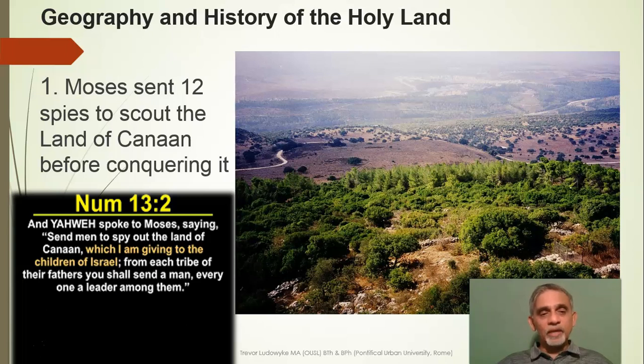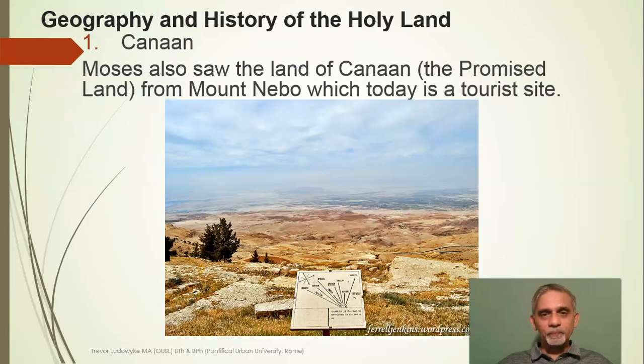And from each tribe of their fathers you shall send a man, every one a leader among them, to scout the land." Which they did, and came back with news, saying that they were big giant people, and it scared the people as well. But well, that's a nice story. You can read from chapter 13 of the book of Numbers.